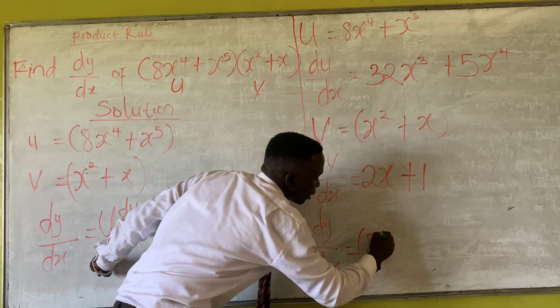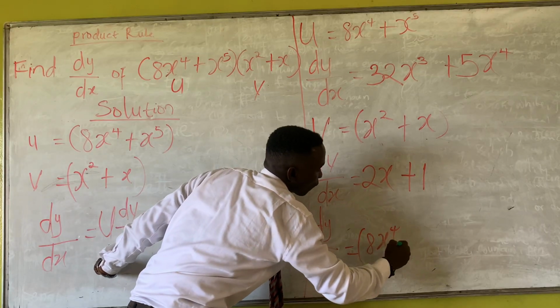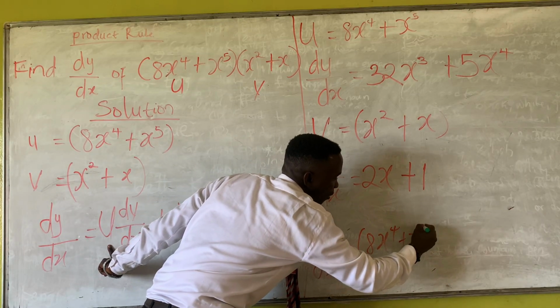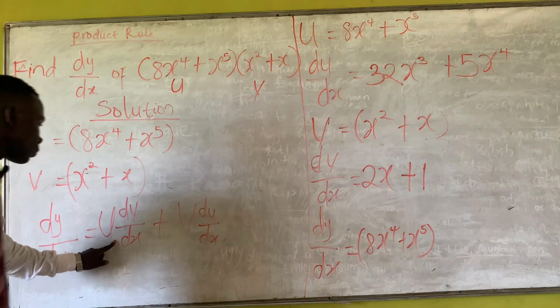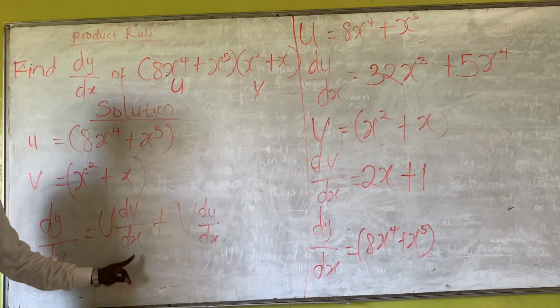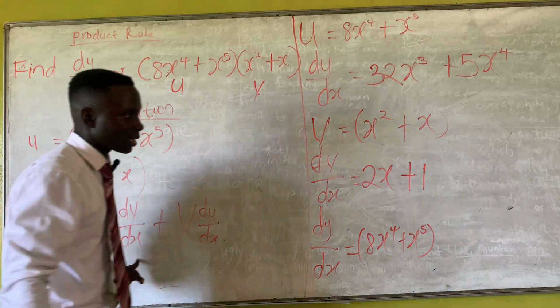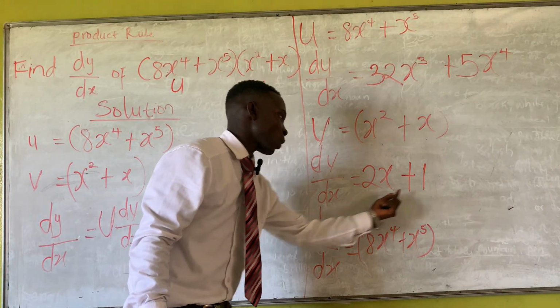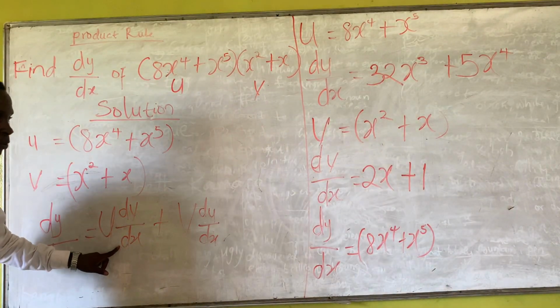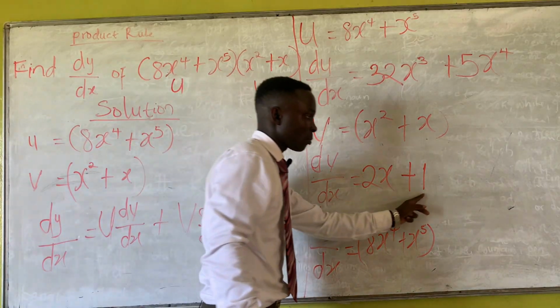Our u is 8x^4 + x^5. Now our u is multiplying dv/dx. What is dv/dx? dv/dx is 2x + 1. So in place of dv/dx, you can simply put 2x + 1.